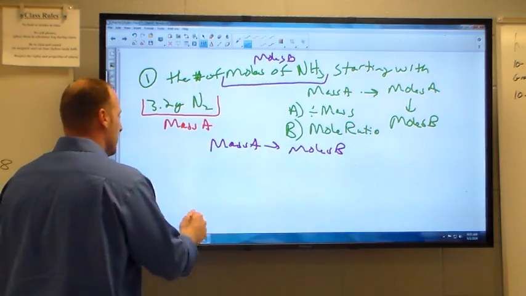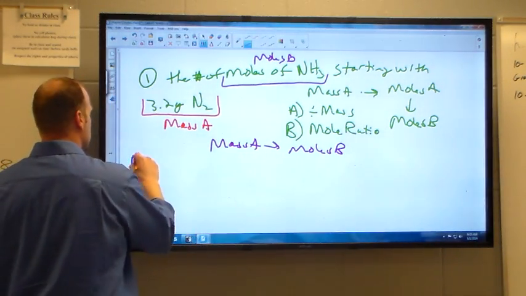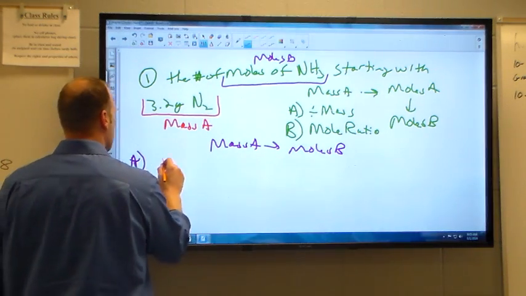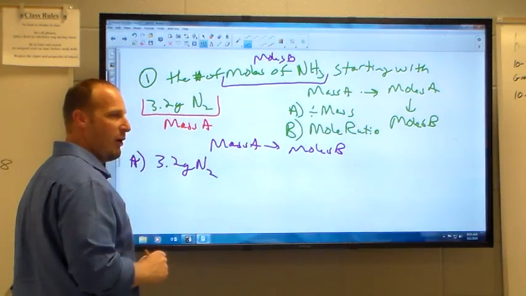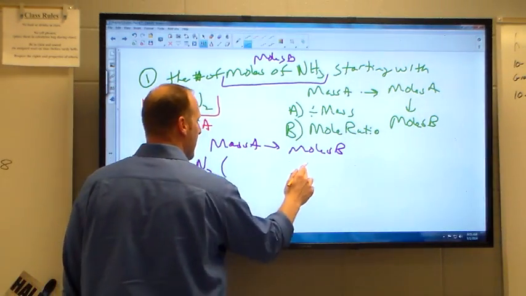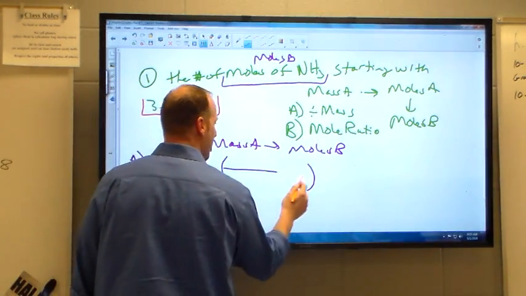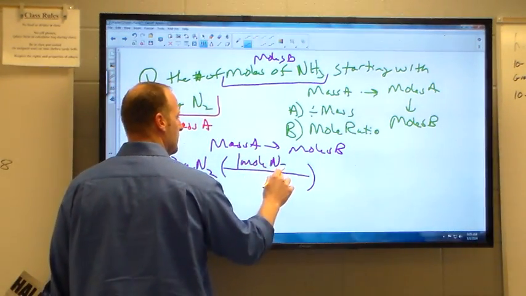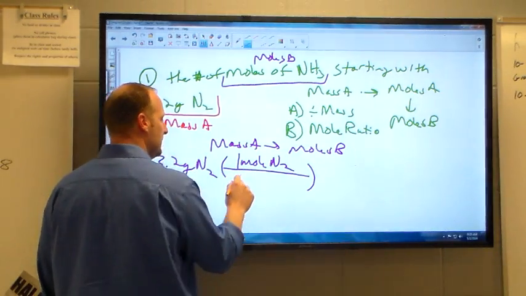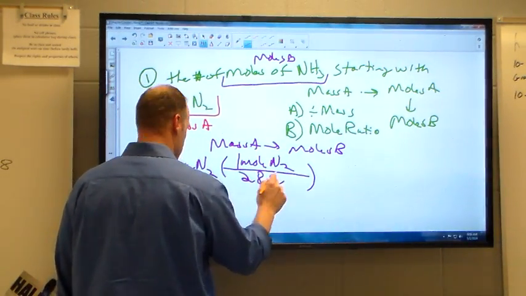And so now on your worksheet, in part A, we're going to take 3.2 grams of N2. We're going to convert it to moles of N2. The way we do that, step number 1, divide by the molar mass of that substance. So 1 mole of N2 would be 2 times 14, 28 grams. Okay?